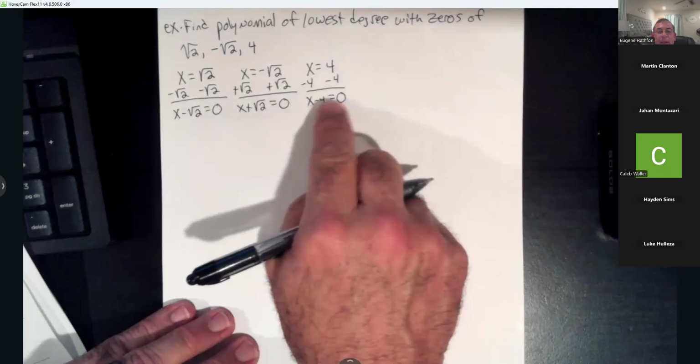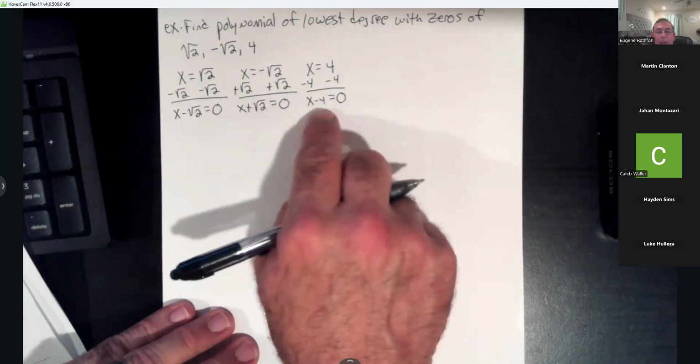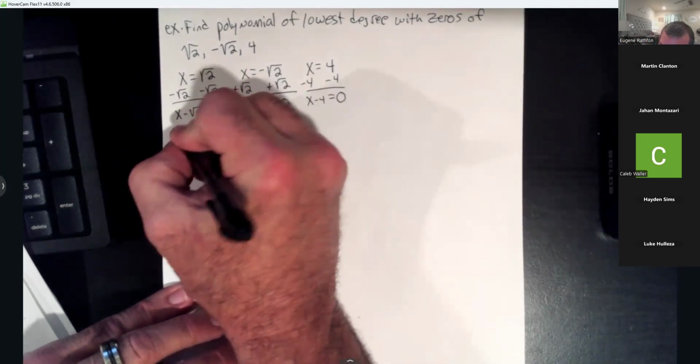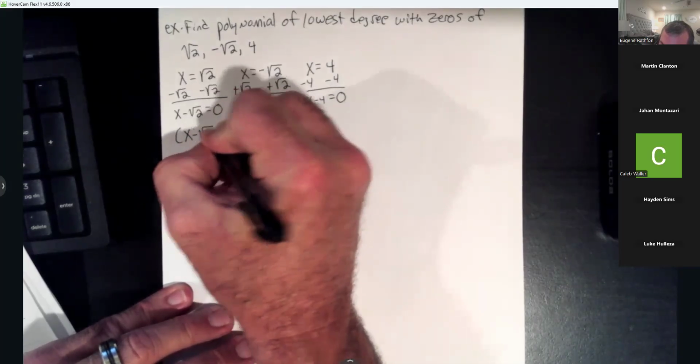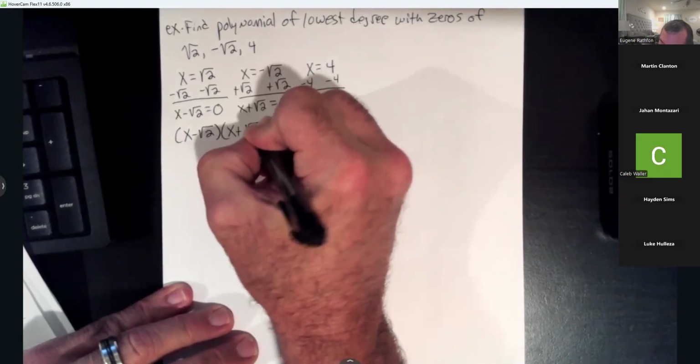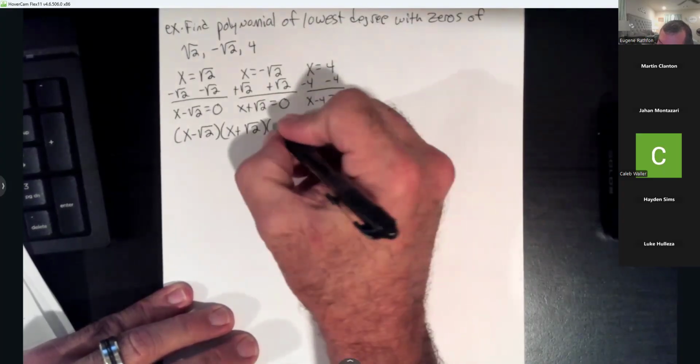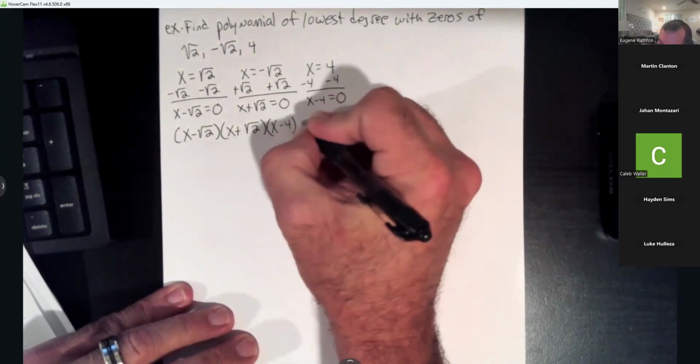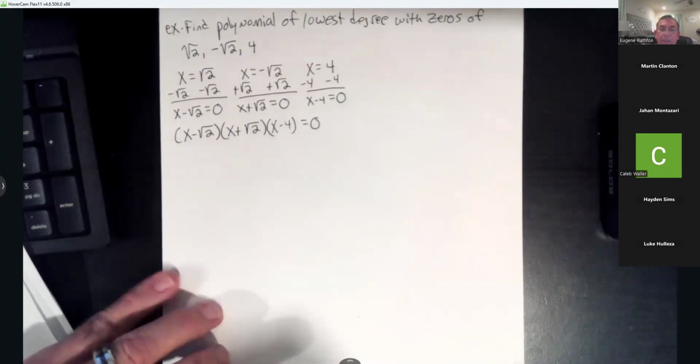All right, so I got them everything set to 0. I'm going to put all these in parentheses now. X minus square root of 2, x plus square root of 2 times x minus 4 all equals 0.